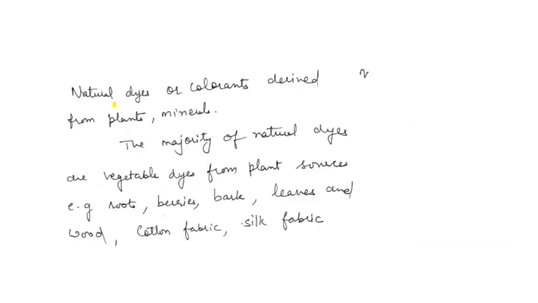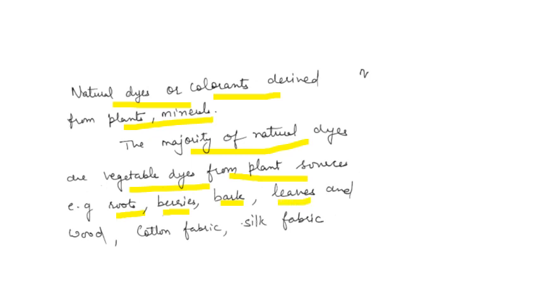The natural dyes are the colorants derived from plants and minerals. The majority of the natural dyes are vegetable dyes from plant sources like roots, berries, bark, leaves. Understood?